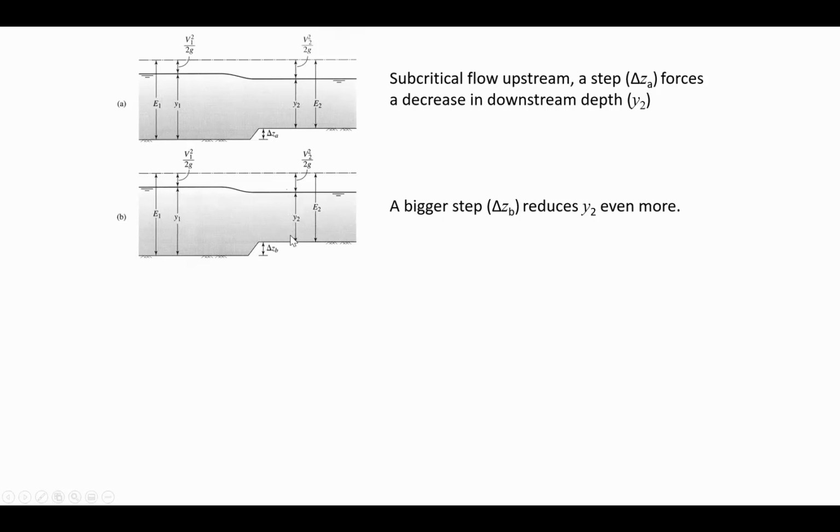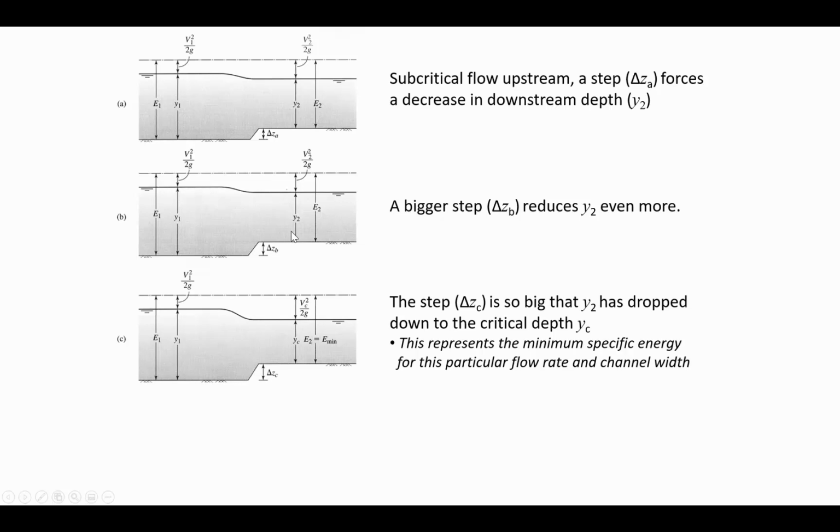And now there's going to be a limitation. There is some step height that is the biggest step height that can be tolerated without disturbing the flow, without causing any choking upstream or pooling of the flow upstream. There's this maximum step, and it's the step that corresponds to a flow depth of the critical depth.